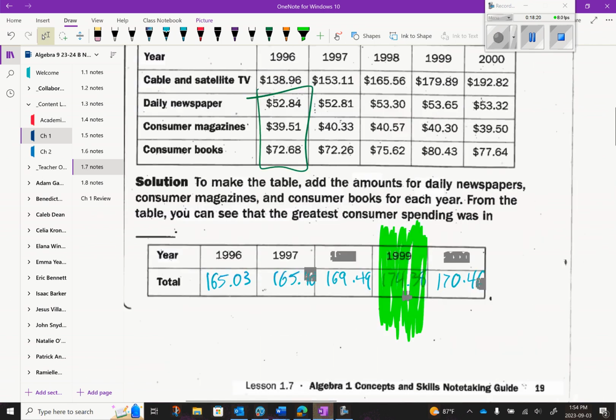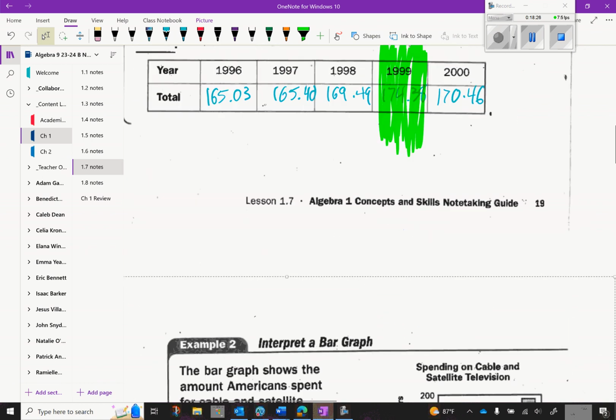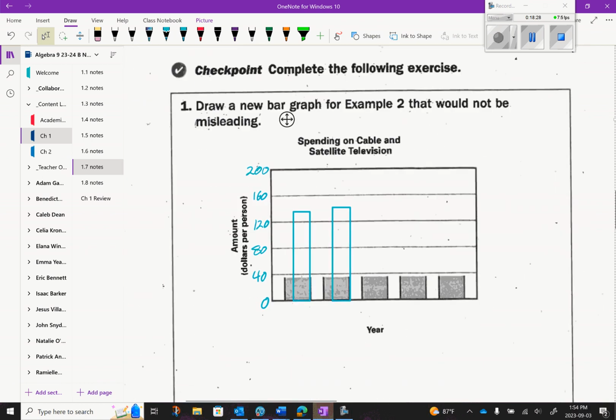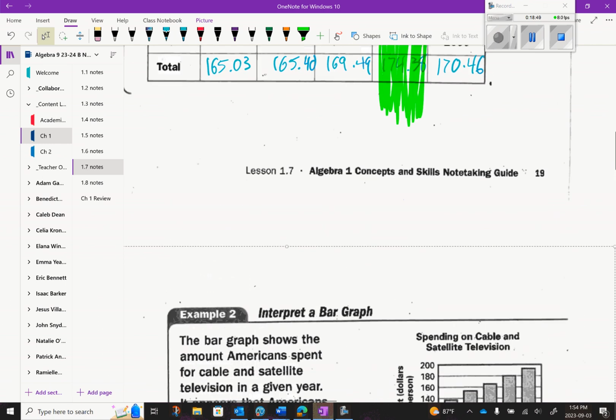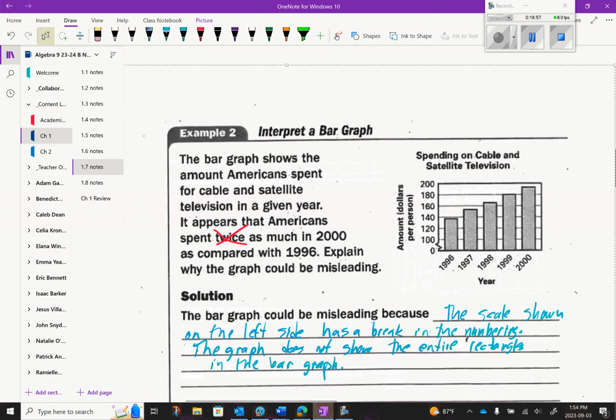So for the second one there, 153 rather than 138. And then 165. So that's a little bit more than 160. Okay, so I've got that labeled as 160, 165. And then just a little bit less than 180.